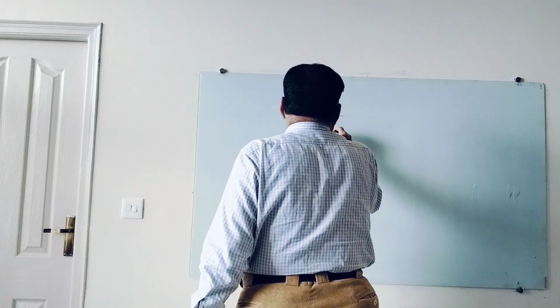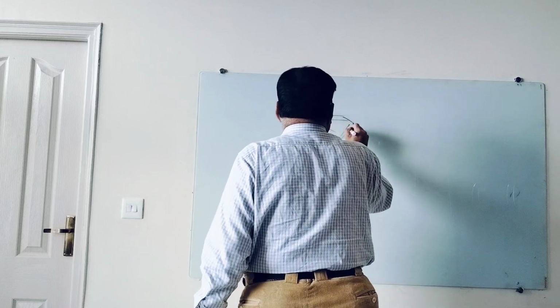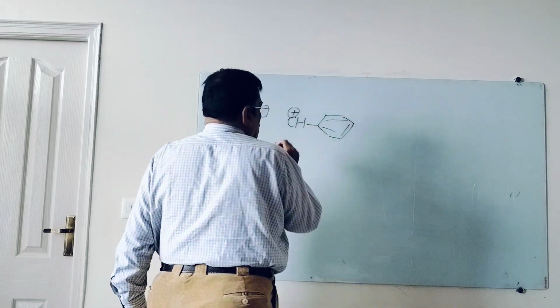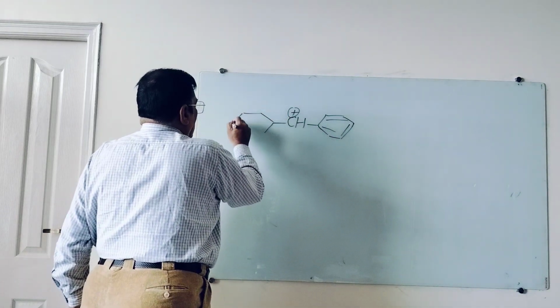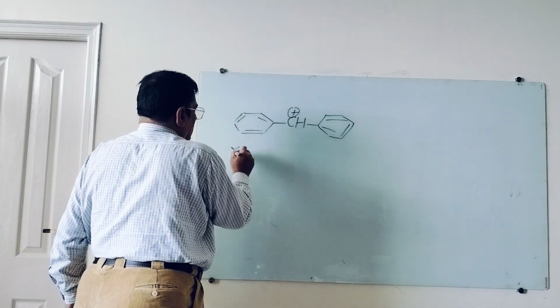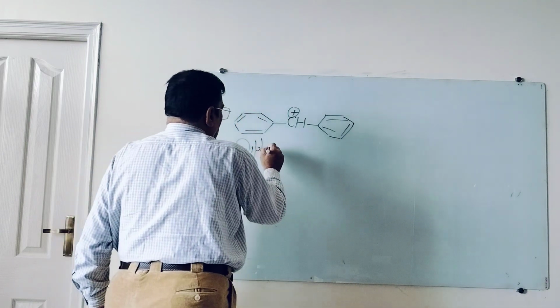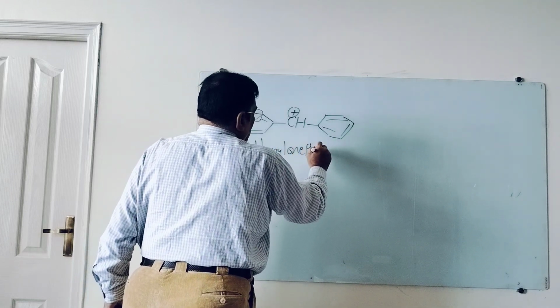Earlier, I took the example of this compound. I put here CH2, that was benzyl. Suppose I replace one more hydrogen by another phenyl group. So this will become diphenyl methyl carbocation.